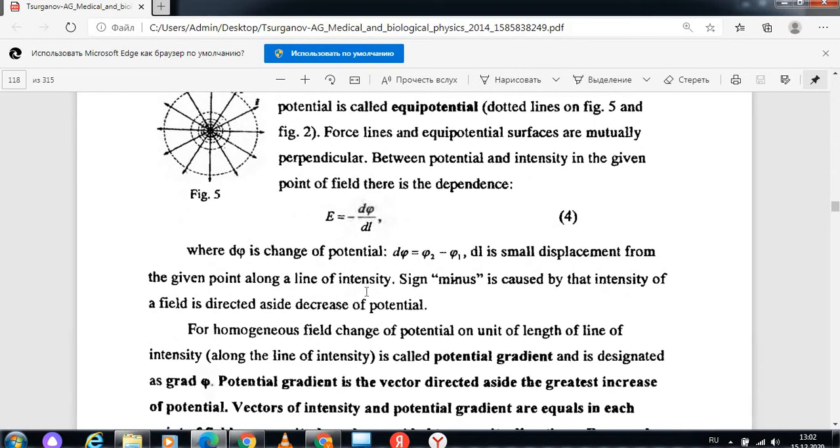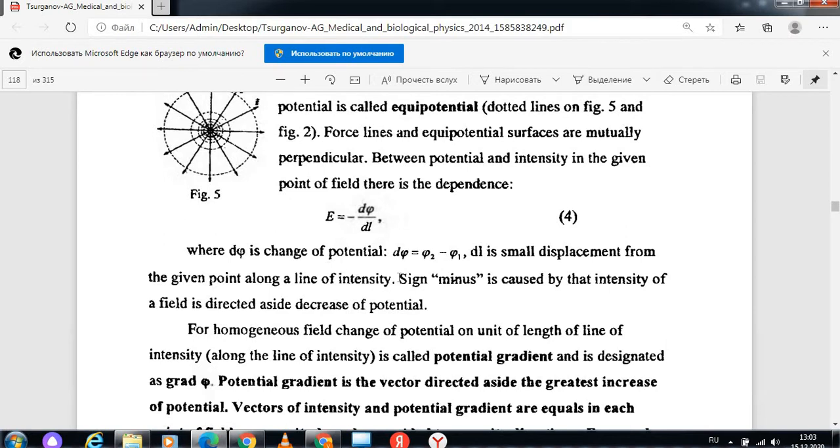So for a homogeneous field, the change of potential per unit of length along the line of intensity is called the potential gradient, and is denoted as grad phi. So gradient phi here, because there is a derivative of the distribution in space. Yes, how it changes in space. What is the distribution of our potential?